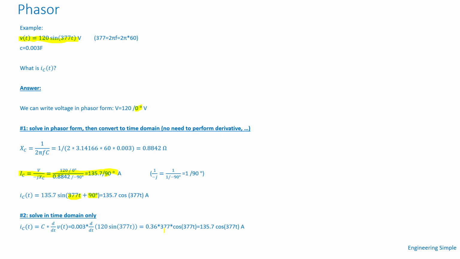That gives you 135.7 cosine of 377 times t. This one was not that bad because I only had one sine term.